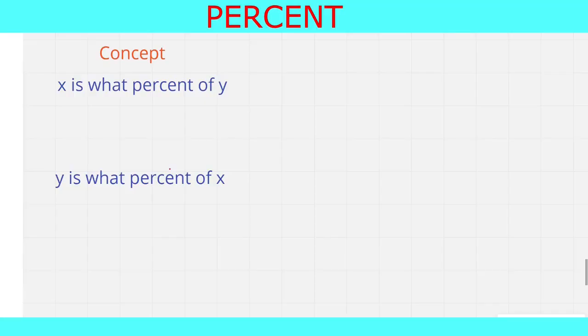We are going to start this video with a concept. X is what percent of y? We write this as x upon y multiplied by 100, and y is what percent of x? This is y upon x multiplied by 100.